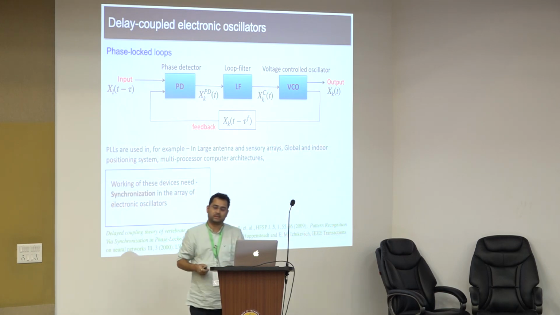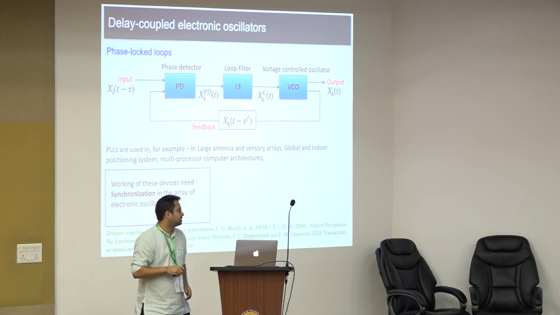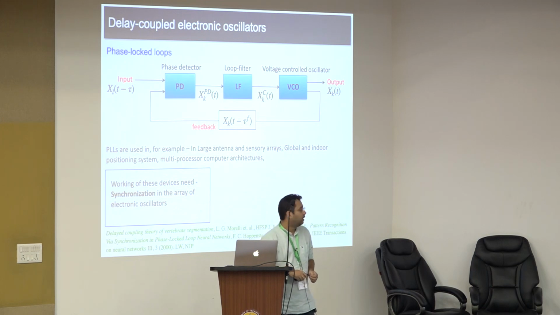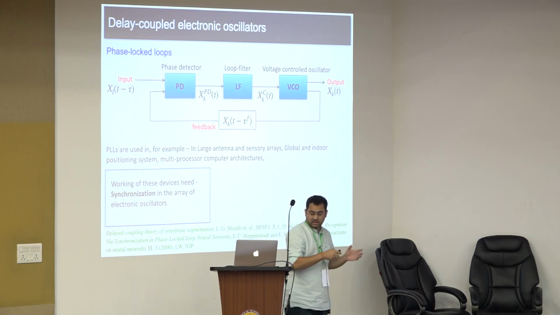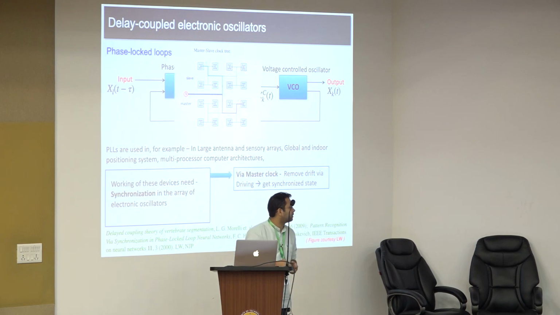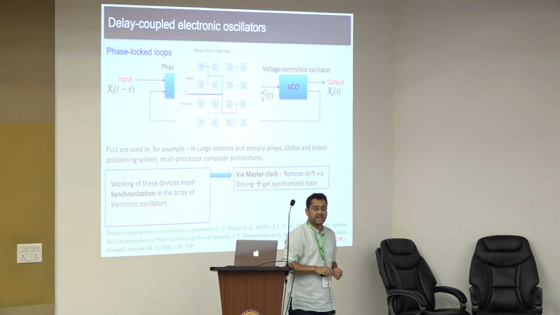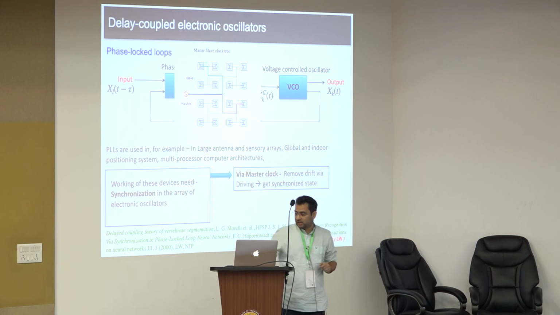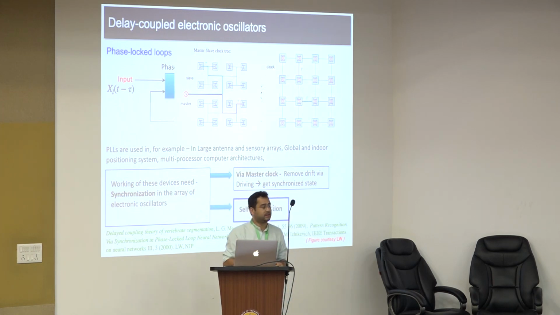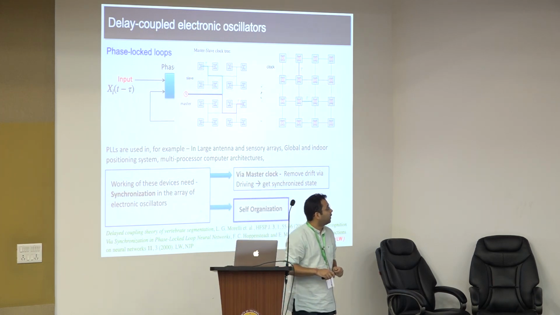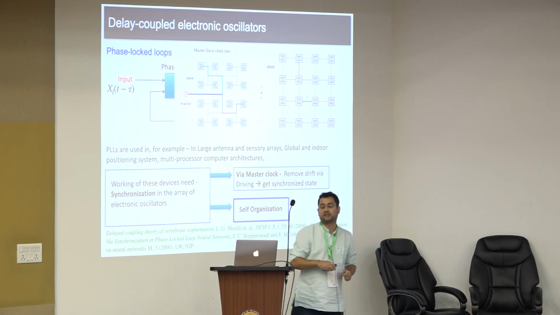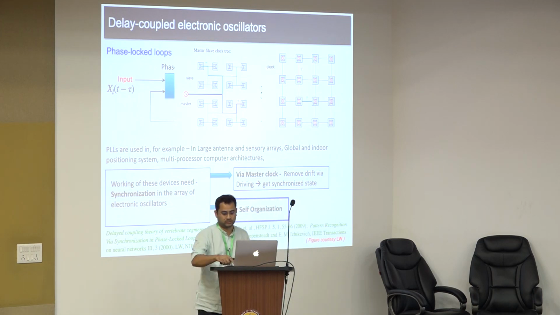Now these PLLs are used in many applications, and in those applications we need these oscillators to be synchronized. The classical, state of the art way of doing that is by forcing them with a master clock, which is a more precise clock. The way we are going to talk about here is the self-organization case, where we connect these oscillators to each other and try to synchronize them without any external force.